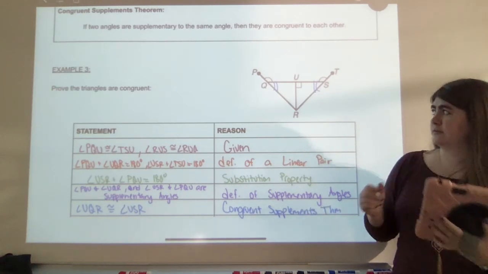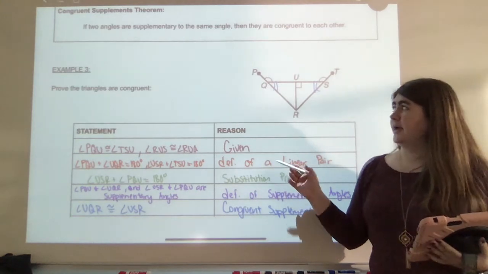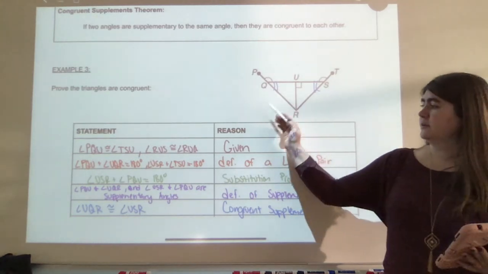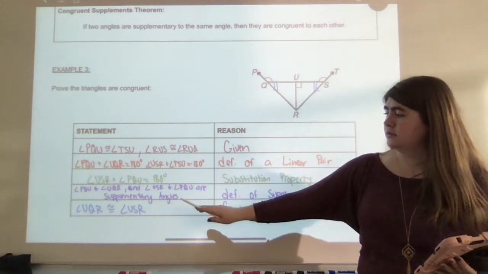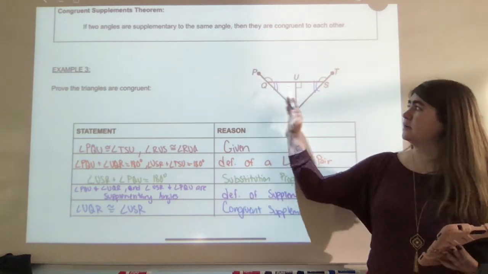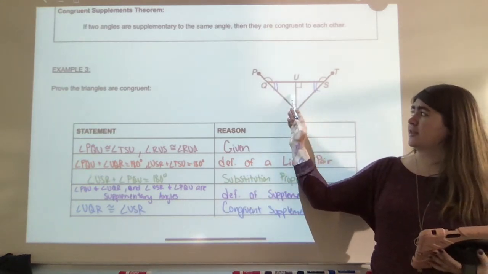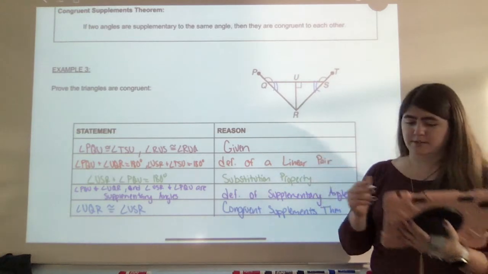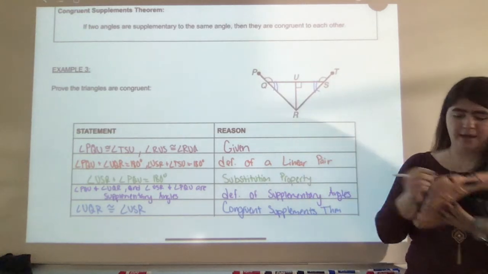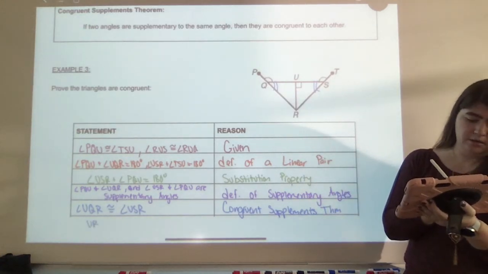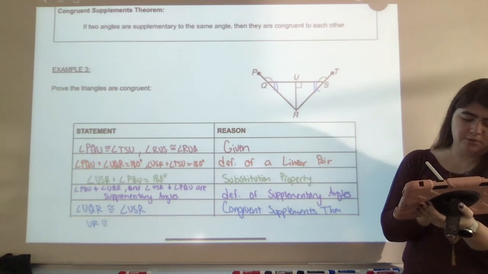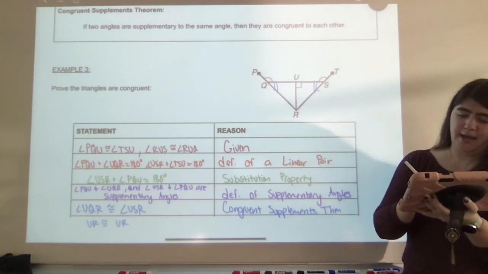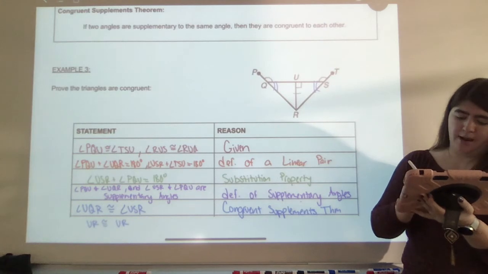All right. So I have now angle, angle, angle, angle. Now I need to show that this side is congruent. For this, I have UR is congruent to UR by the reflexive property.